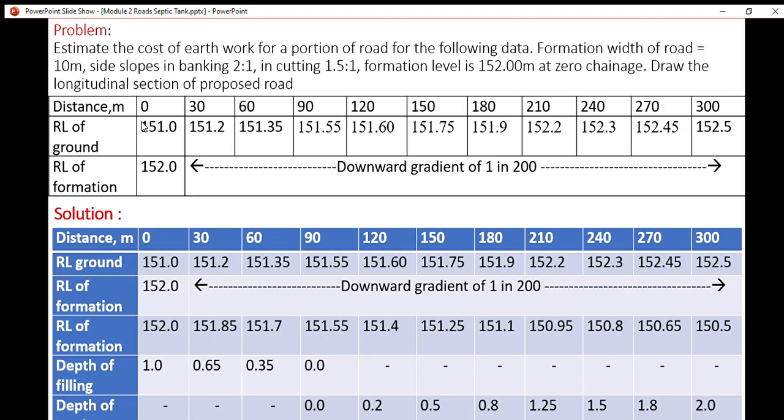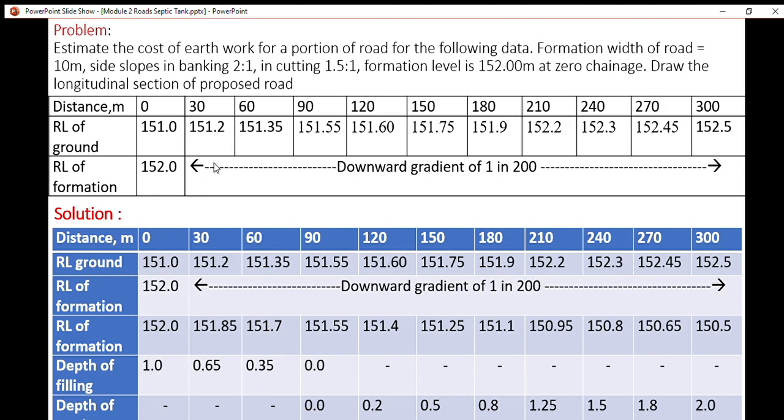RL of the ground at each of these chainages is given. RL of ground at zero chainage is 151.0, at 30 meter chainage is 151.2 and so on. RL of formation at the first station, zero chainage, is given as 152.0.